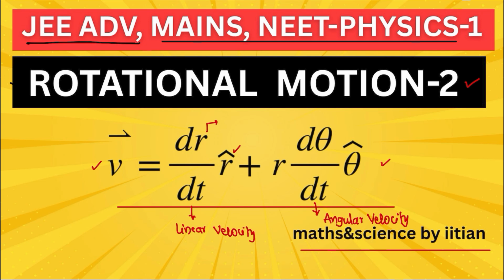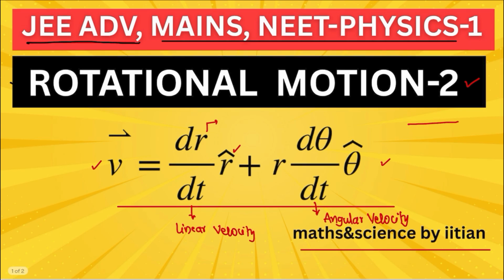theta cap. You remember, in the linear or rectilinear motion, one dimensional linear motion, there is only one variable that is changing with respect to time, that is x direction, linear motion.